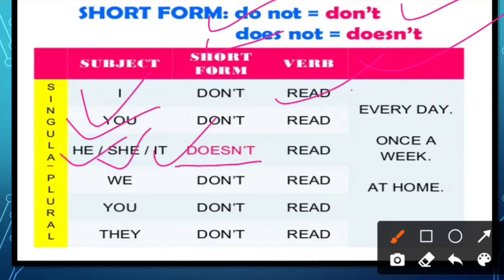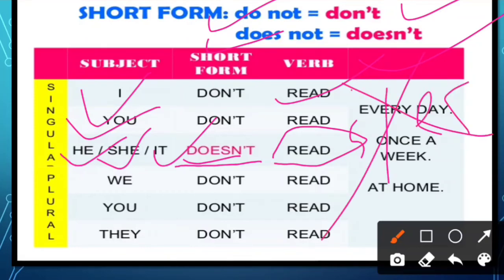He, she, it doesn't read. Here you can see whatever the s or es will be removed, but does will come here. When does is used, the verb will be used as it is, or in other words, in its original form.